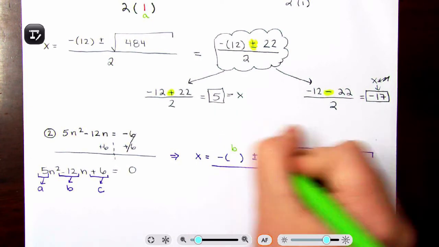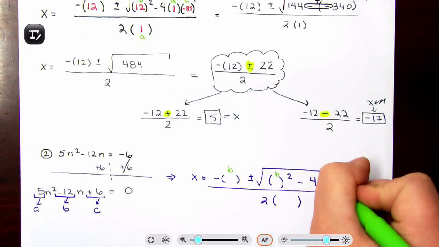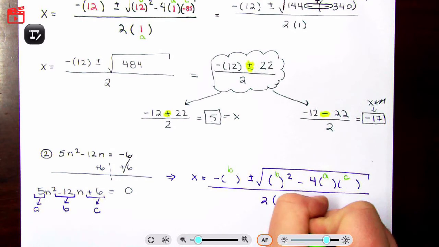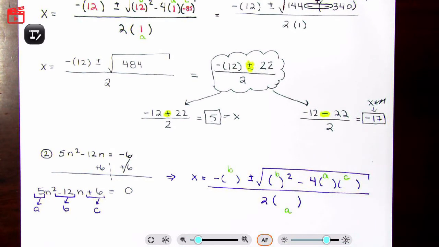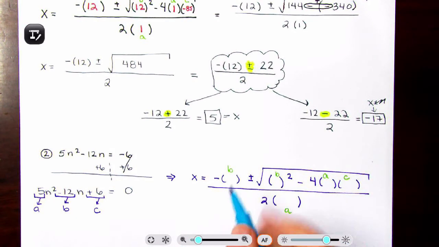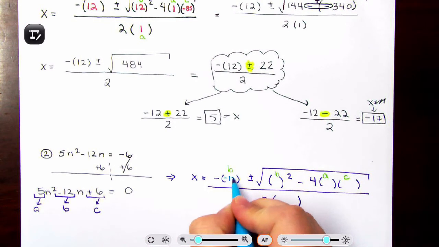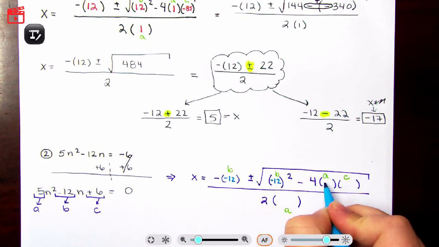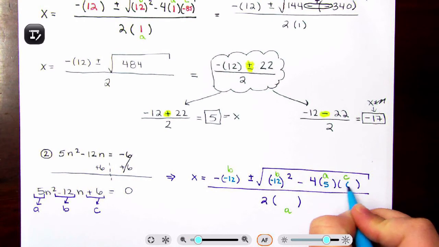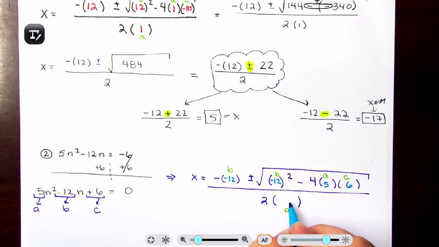Okay, this is b, a, c, a. What are our numbers? B here is a negative 12. A is 5, C is 6, and then this A is 5.